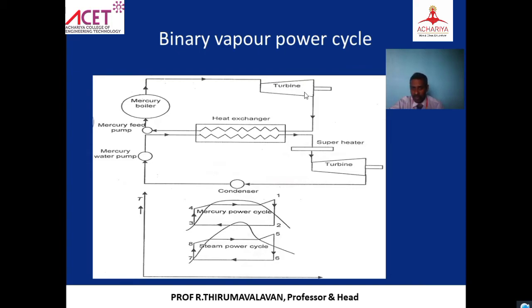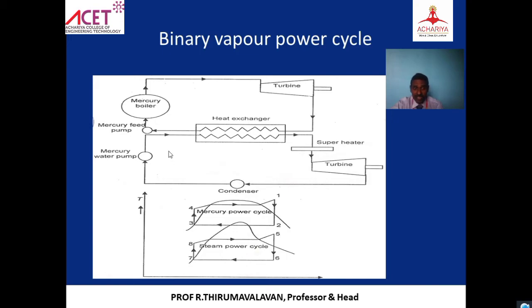After performing the mechanical work, it comes out from the turbine as a vapor. That vapor temperature may be 360 or 370 degrees centigrade. At that temperature, it is coming to the exchanger. That exchanger is nothing but a part of a condenser. The vapor has a temperature of 350 degrees centigrade.